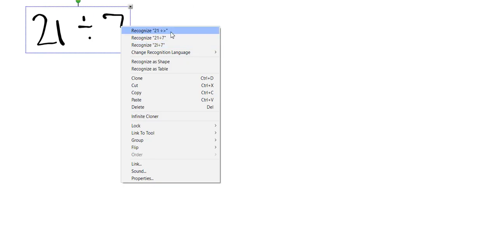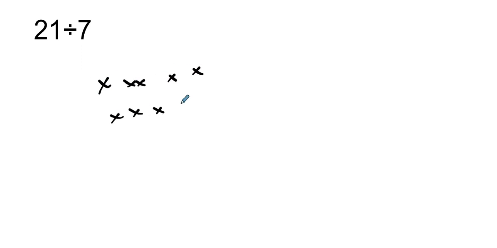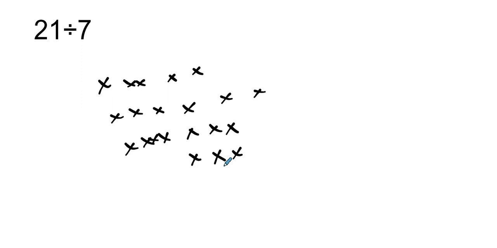We could look at that as, here are 21 objects, and we want to make 7 sets of them.